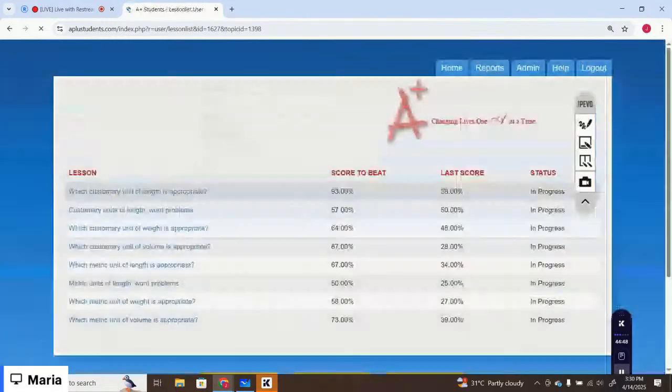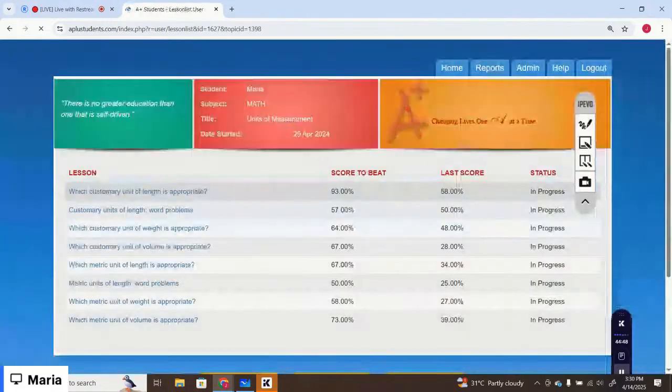The next lesson is which customary unit of weight is appropriate?